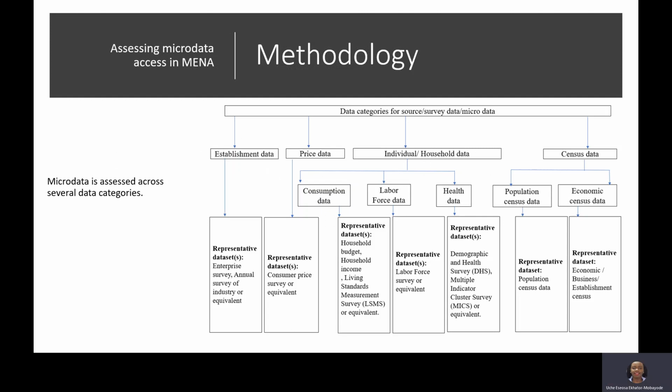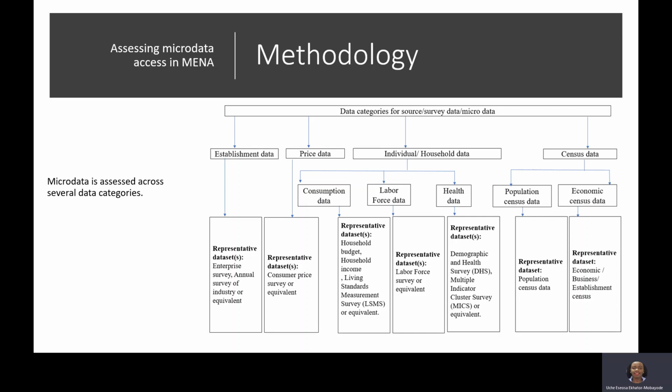So, first of all, before we go ahead and assess whether data was collected and if it's made available, we decide on what data categories to assess. The Sustainable Development Goals provide a global agenda for microdata that's needed to track development progress. To facilitate reporting on these Sustainable Development Goals, a broad range of data is needed.